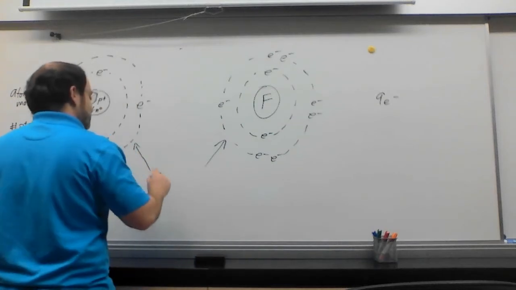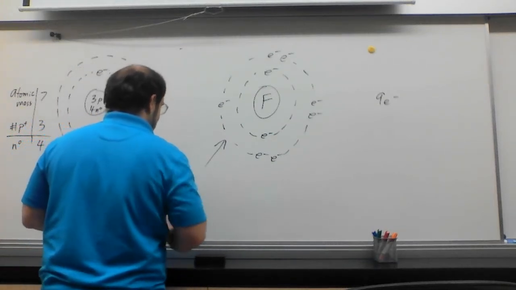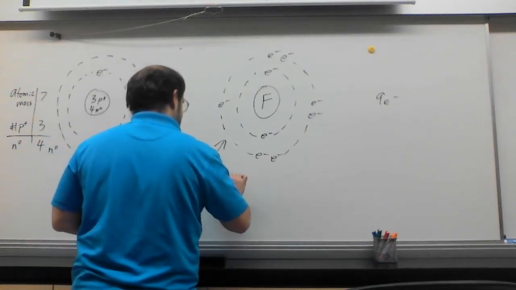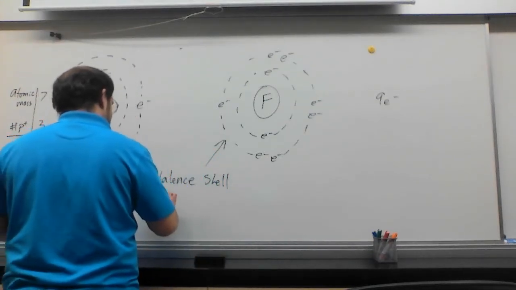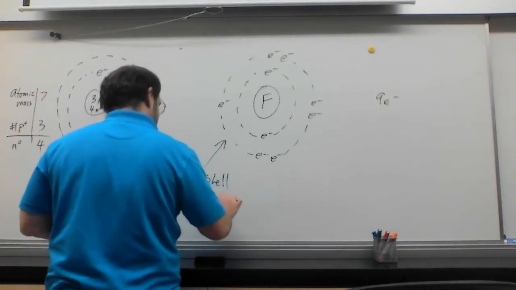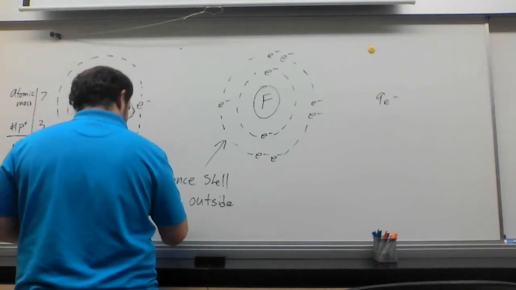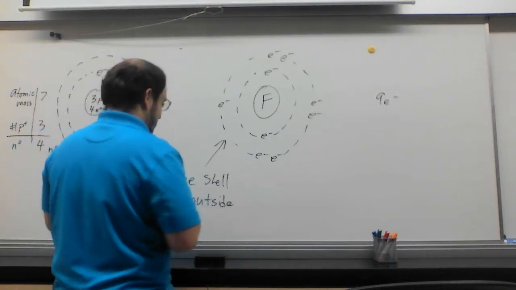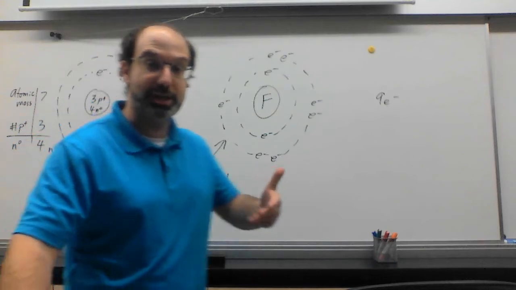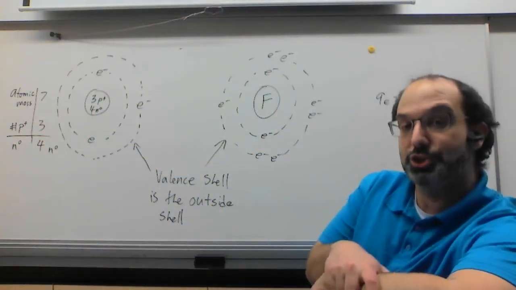And the outside shell has a name, the valence shell. Is the outside shell, or the outermost shell. The idea behind the valence is that it is the shell on the outside.